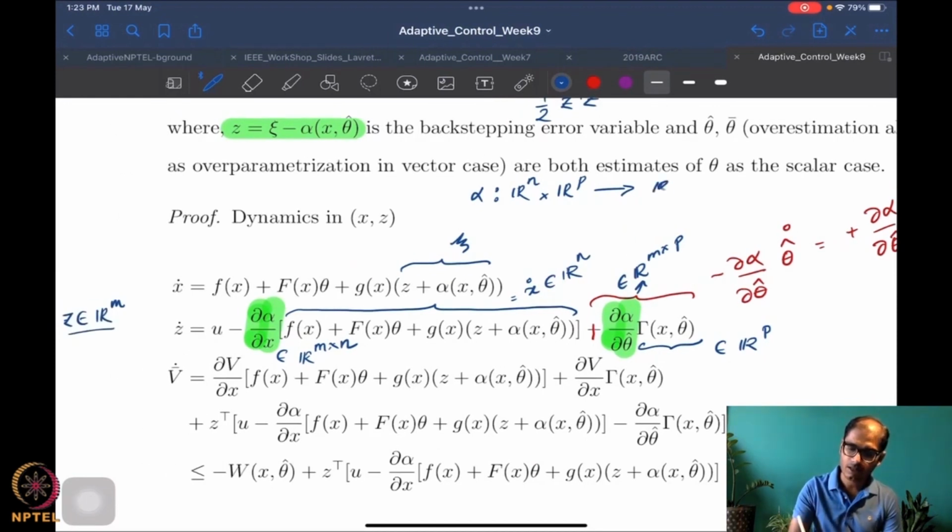So if I take the partial of alpha with respect to only these states, it's obvious that I'll get an m by n matrix. When I take the partial of an m vector with respect to only n of the states, I'll get an m by n matrix. Similarly, if I take the partial of an m vector with respect to p states, then I'll get an m by p matrix. So this is all consistent. Just keep in mind that all these partials are now what we call Jacobians, and they are all matrices. All right, excellent.